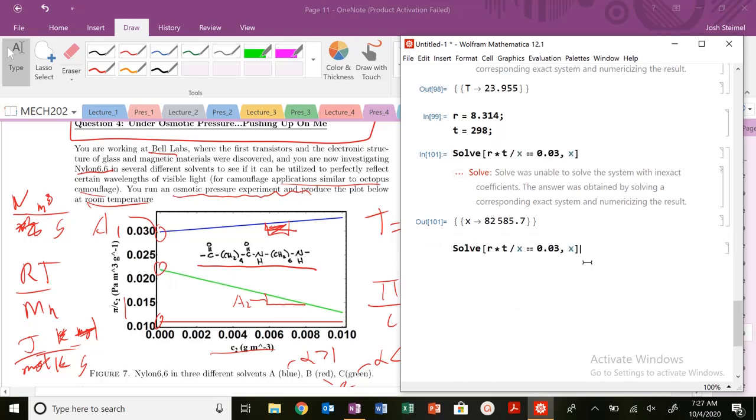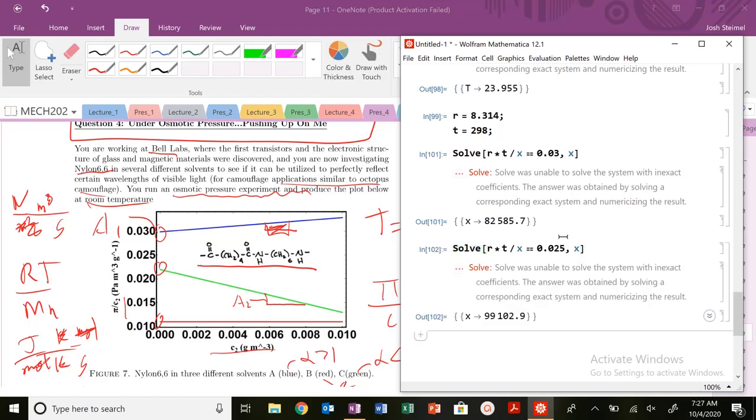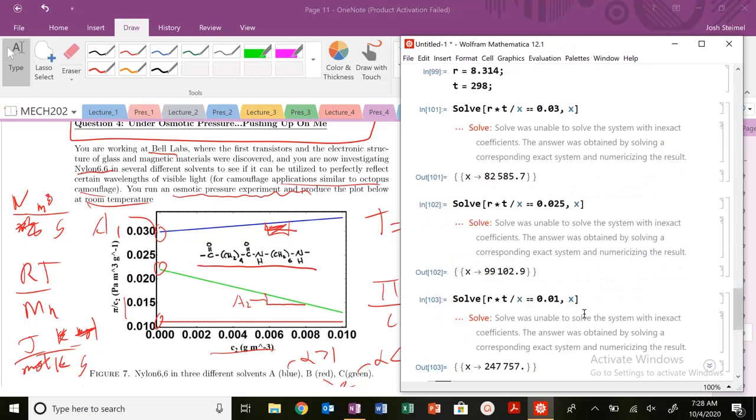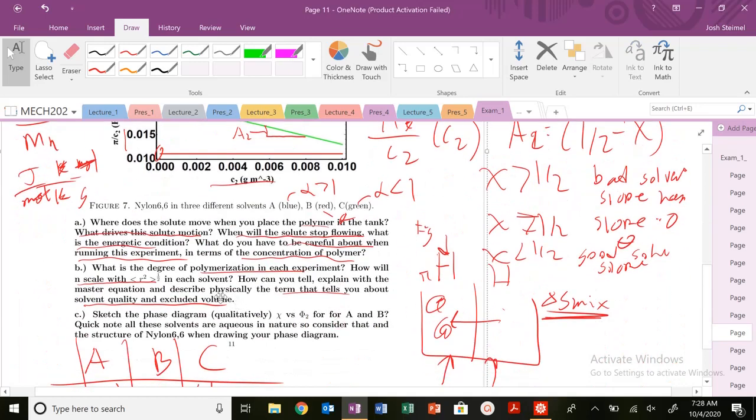So here I'm going to say it's 0.022. How about that? 0.025. And then finally, solve for here. It looks about like 0.1. So I could see, just as we anticipated, this inverse relationship: the lower the value, the higher the Mn, because this is fixed. So there's your degree of polymerization.